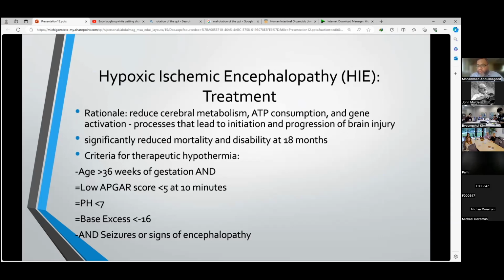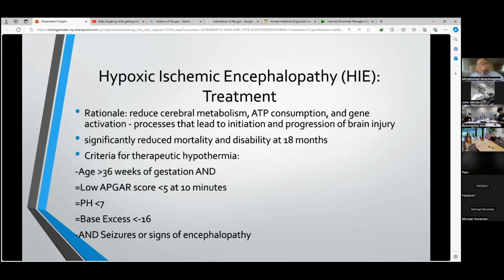Oxygen free radicals also will not be produced, which also contributes to the brain injury. What we have found with therapeutic hypothermia is it reduces mortality and disability at 18 months, especially with stage 2 HIE.